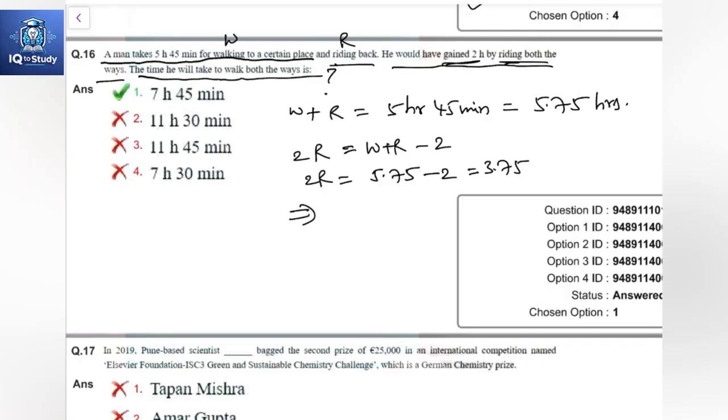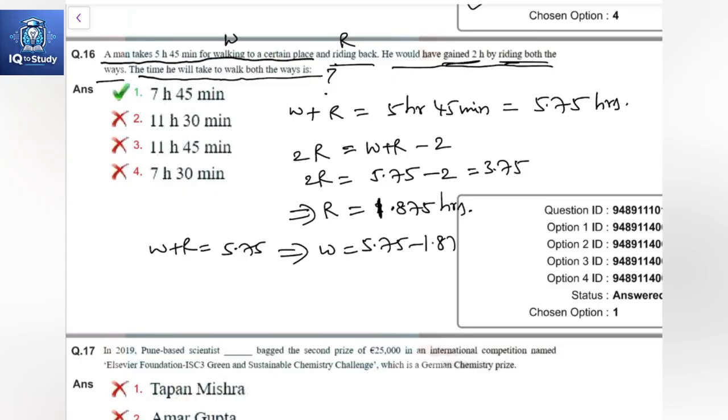That implies R is equal to 1.875 hours. Let's substitute this value in the first equation, which is W plus R is equal to 5.75, implies W is equal to 5.75 minus 1.875, which means W is equal to 3.875 hours.